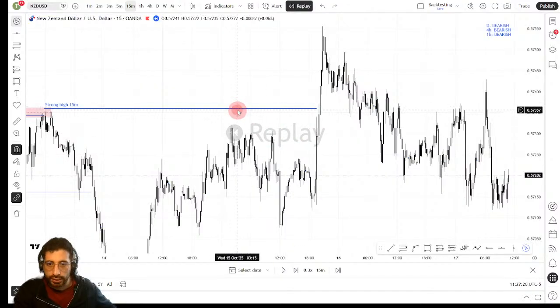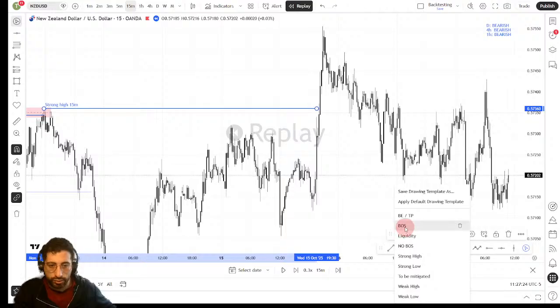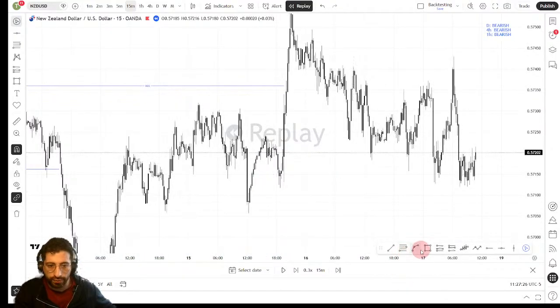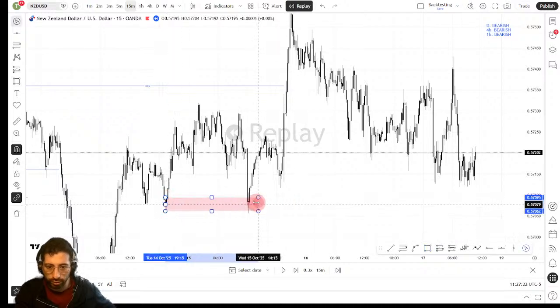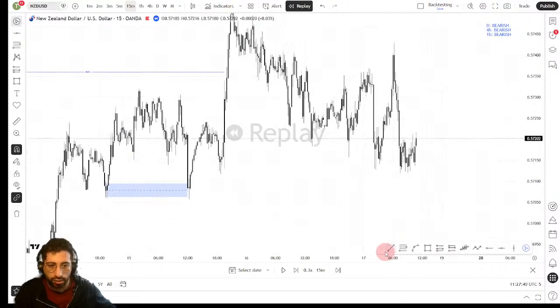Now look at the next. This becomes a boss, a break of structure, right? Boss. Right. Now in 15 minutes, we need to find our strong low because now we're bullish in 50 minutes time frame, which is the time frame we're going to keep analyzing, honestly. Boom. Here we have it.